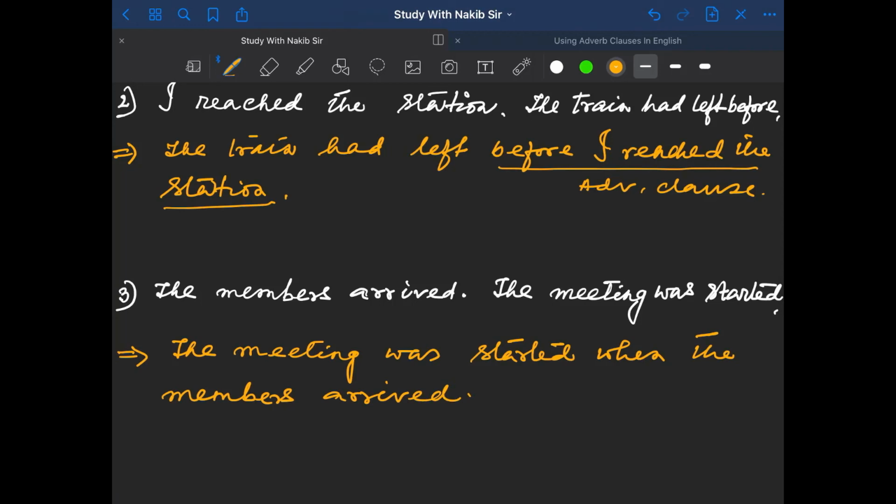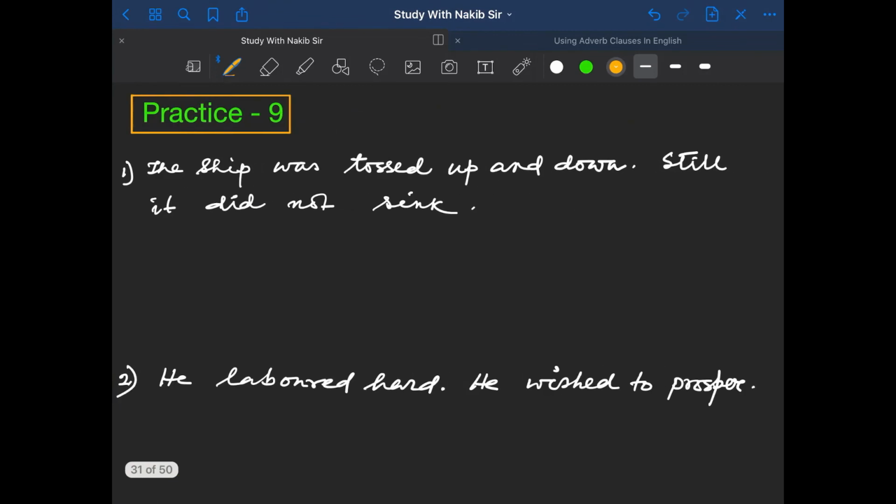The meeting was started when the members arrived. Time. So this is an adverb clause. Okay. So these are the answers to your questions in sheet number 8. Now go to the next sheet. This is the last sheet.